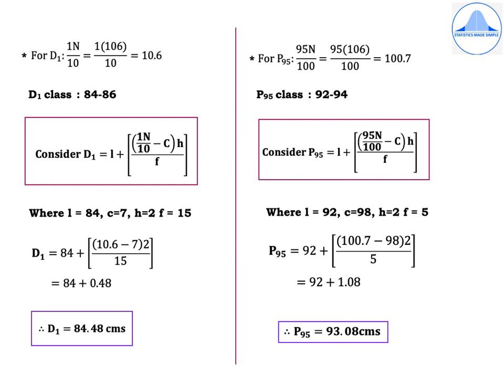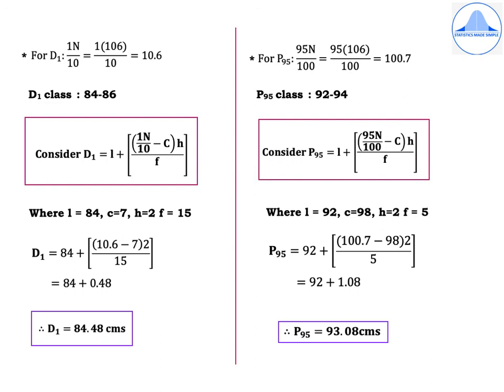Third subdivision, for P95, find out 95n by 100, which is equal to 95 into 106 divided by 100, which is equal to 100.7. The value which is greater than 100.7 in the CF column is 103. Corresponding to it, write greater than 95n by 100, and the corresponding class interval is the P95 class, that is 92 to 94.